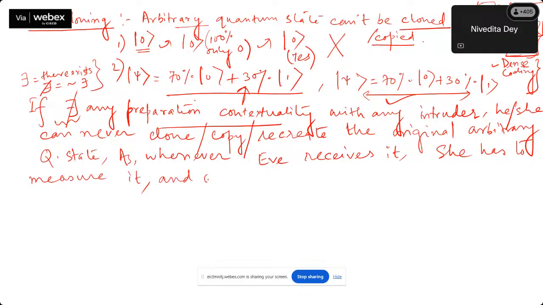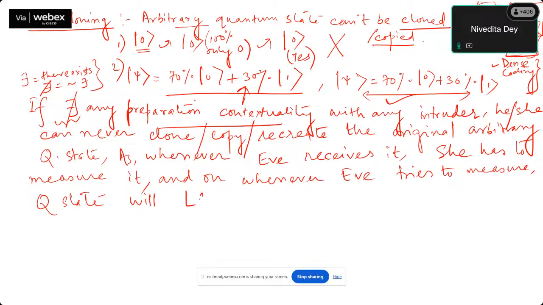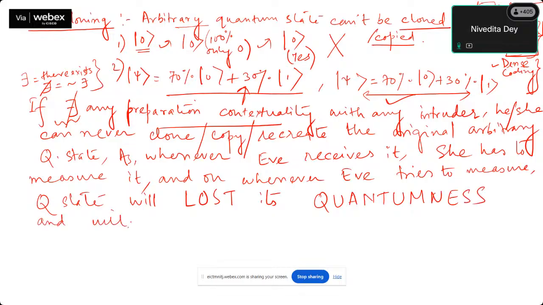And on every measurement, whenever Eve tries to measure, the quantum state will lose its quantumness and will be reset again.